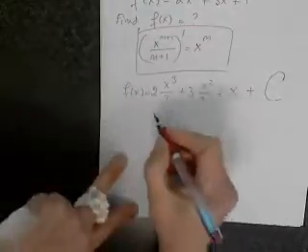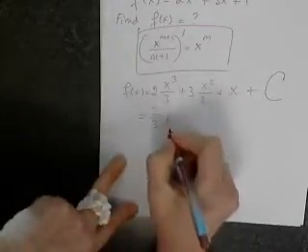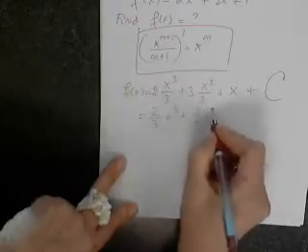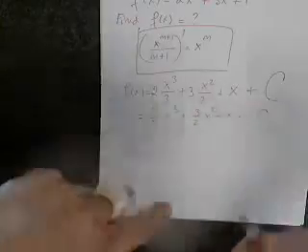I will simplify a little bit: 2/3 x to the third plus 3/2 x squared plus x plus a constant c.